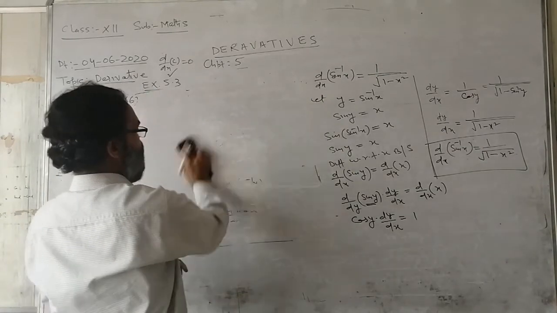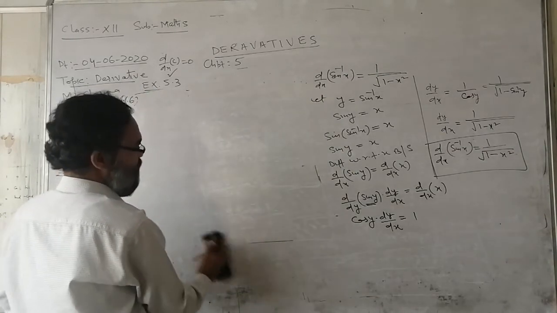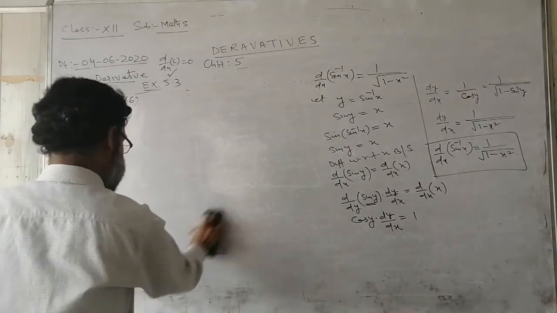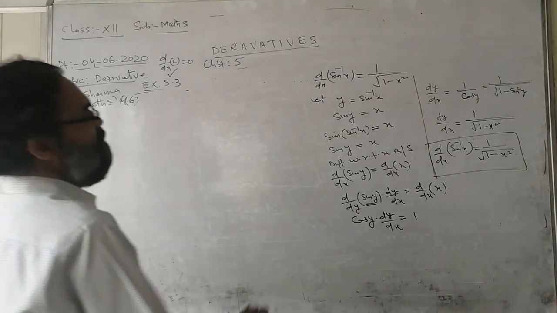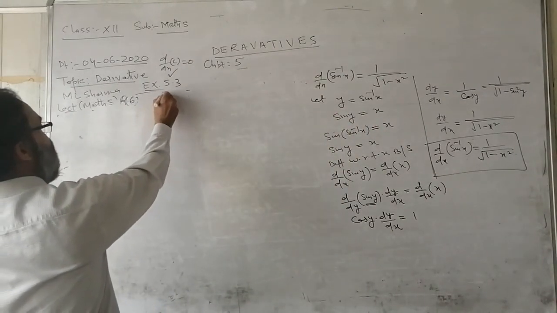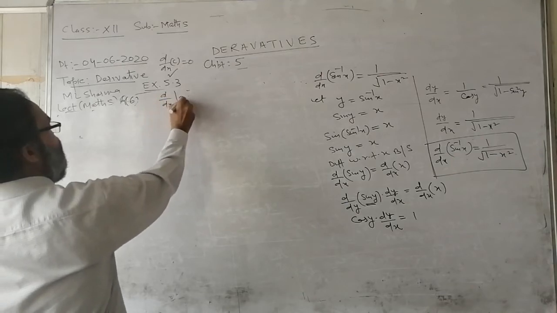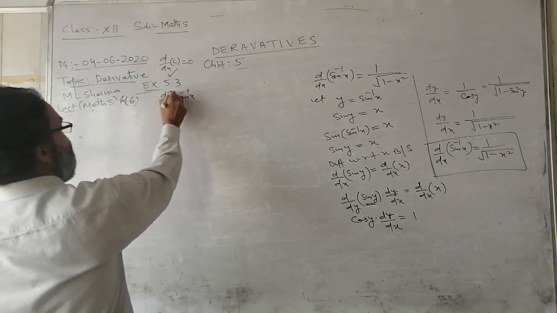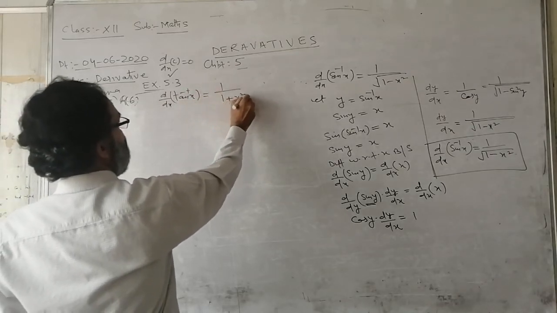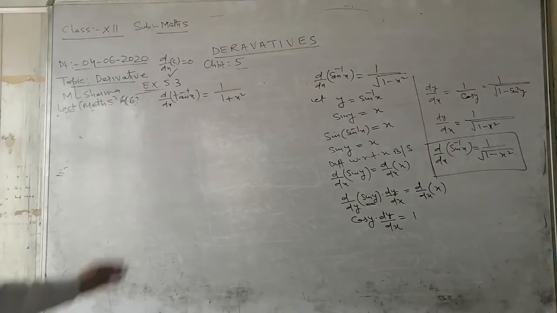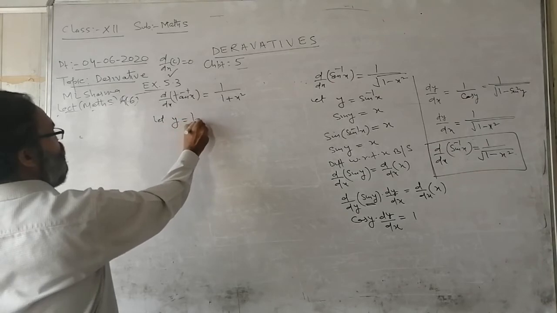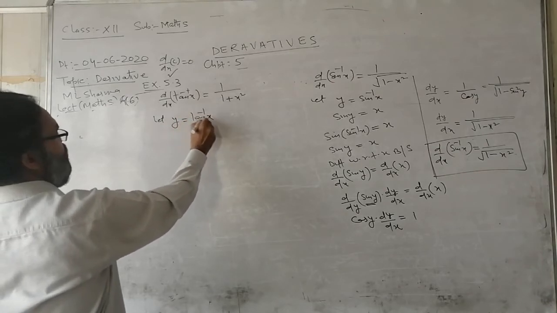So this was the first inverse trigonometric derivative formula. Same is the case with cos and tangent. So d upon dx of tangent inverse x, and this is 1 upon 1 plus x square. So if I have to prove this, let y equal to tangent inverse x.